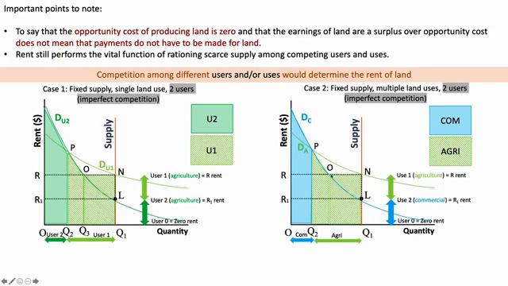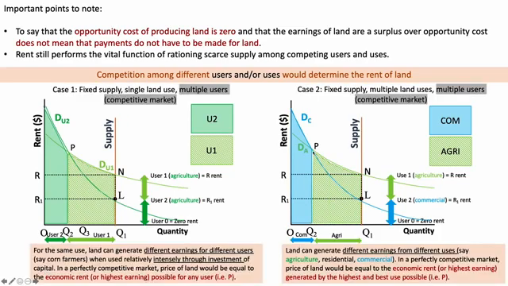So the first user will continue paying rent R up till point O, where the rent for commercial use increases beyond this dotted black line, and to outbid the commercial user, the agriculturalist would still pay a higher rent equivalent to the commercial user, but not the total he is earning. He will still save some.